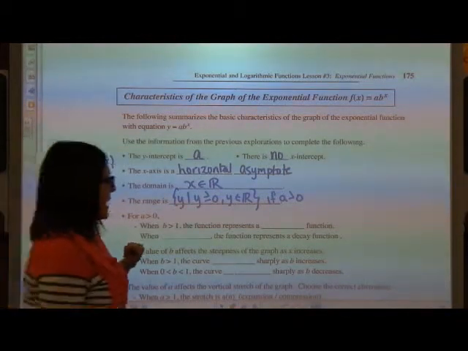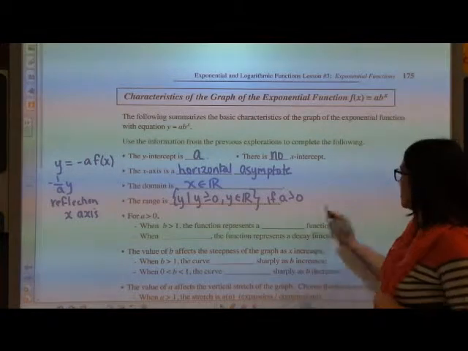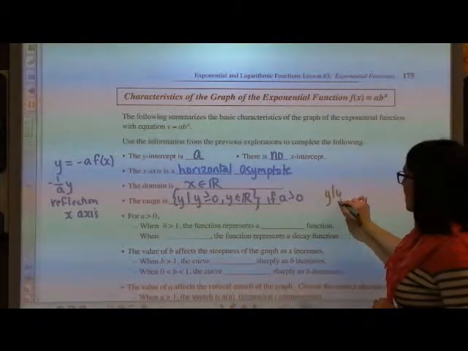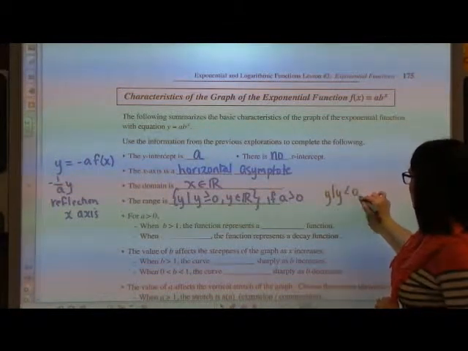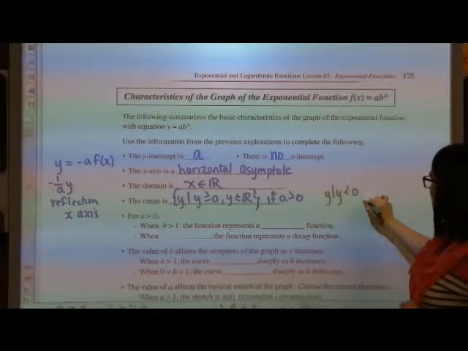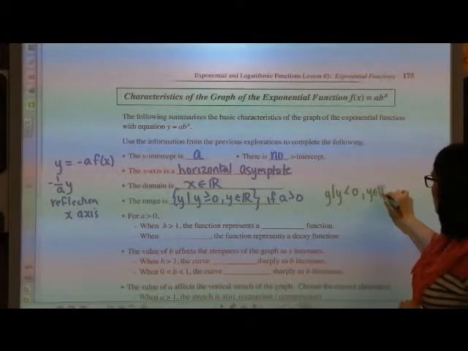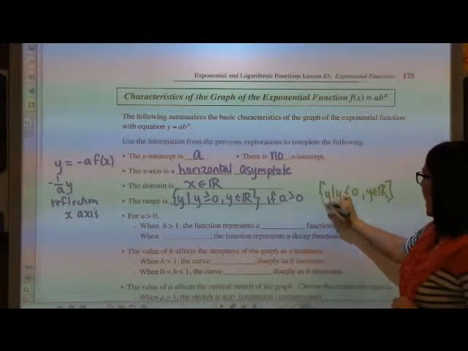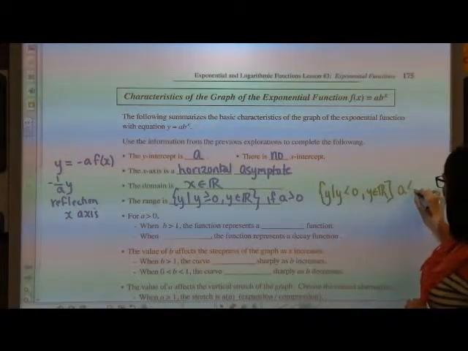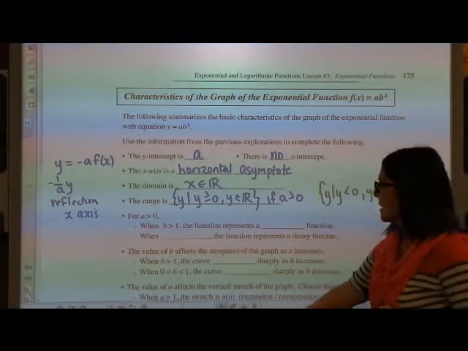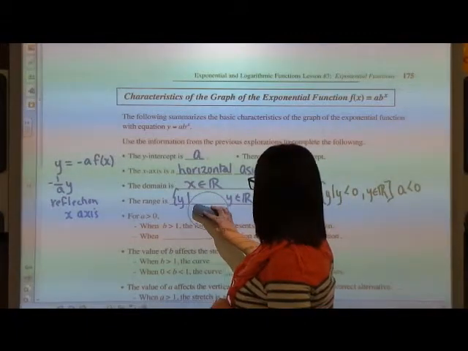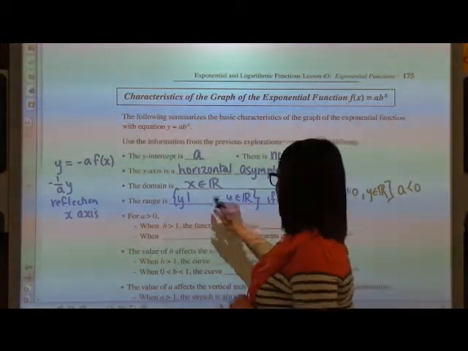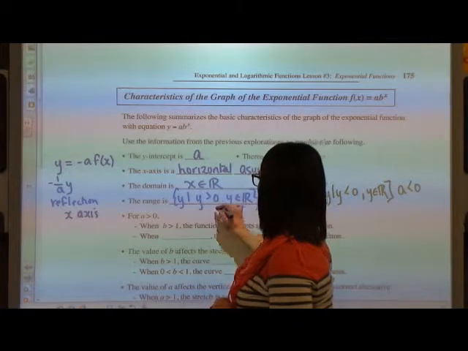So then my range would be all the negative y values. So y is less than 0. And that happens when my a value is less than 0. I need to fix this. This should be that it's less than or greater than 0, not equal to 0.